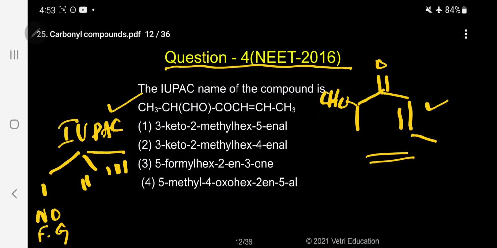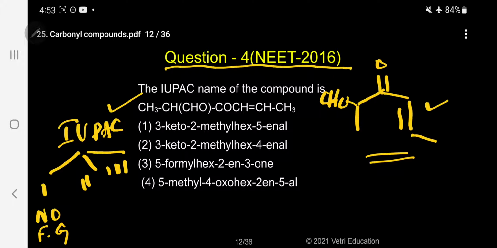Start numbering from either left or right so that the substituent gets the least number. Then find how many substituents there are. If they are the same, use di, tri, etc. If different, use alphabetical order. You name the compound. That is rule 1.